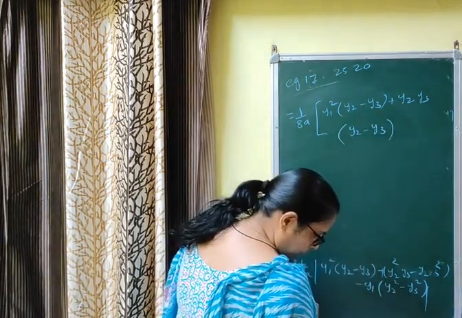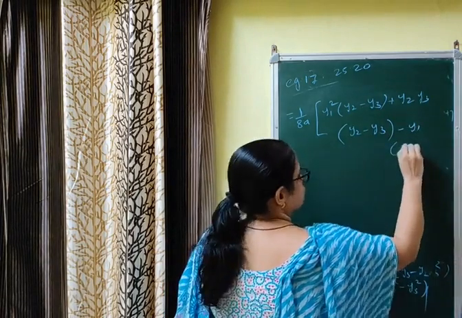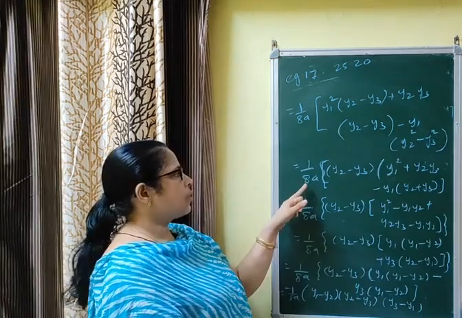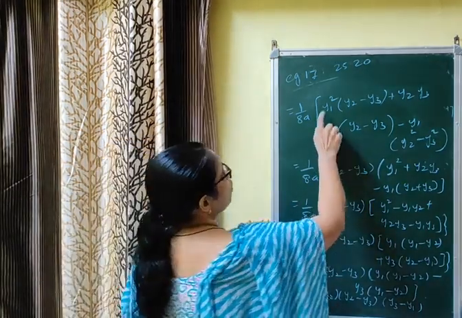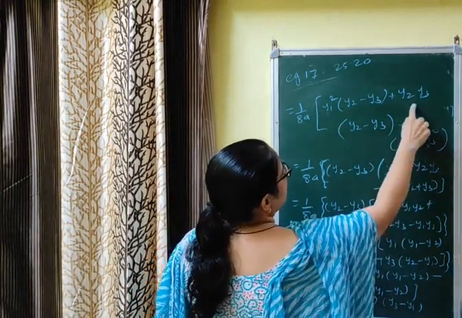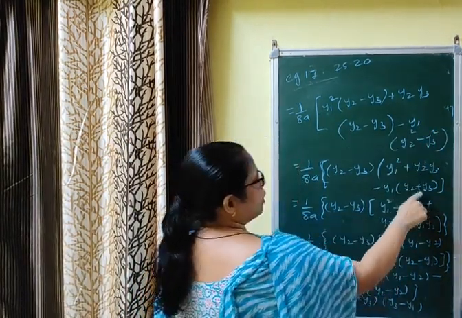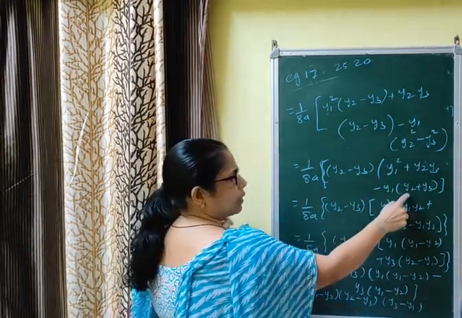The question is very tricky. Minus the last term, y1 into (y2 square minus y3 square). That is 1/8a into (y2 minus y3) into (y1 square plus y2 y3 minus y1 into (y2 plus y3)), because for a square minus b square, the (a minus b) term is taken outside and the (a plus b) term remains.